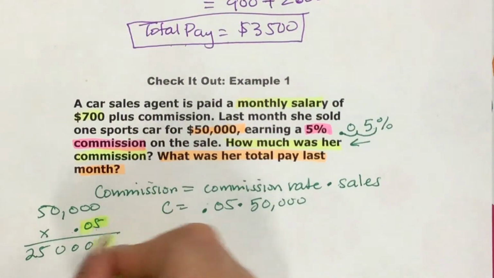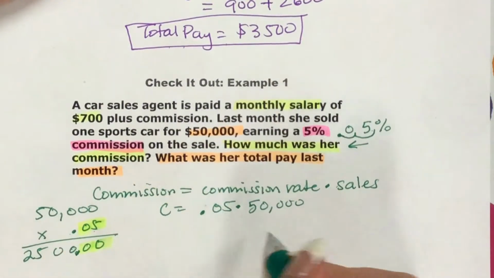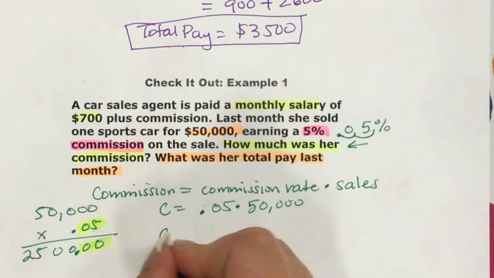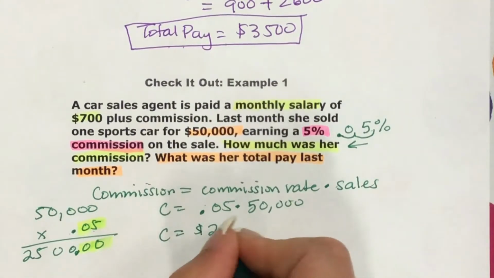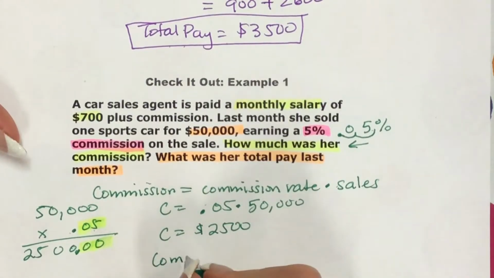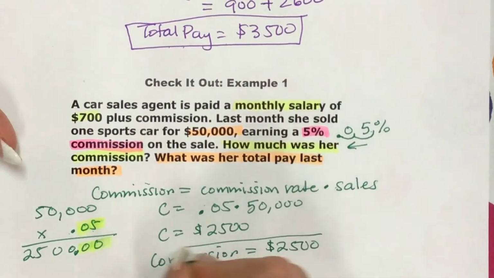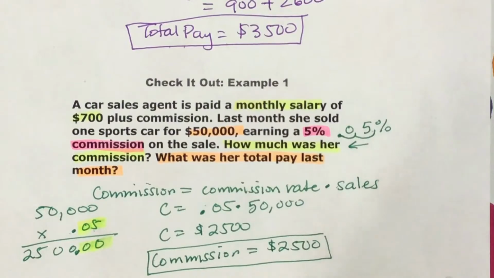So that means our answer has to have 2 decimal places. So we put the decimal right there. And that means that our commission ended up being $2,500. That is quite a commission. Okay, so there we go. Commission equals $2,500.